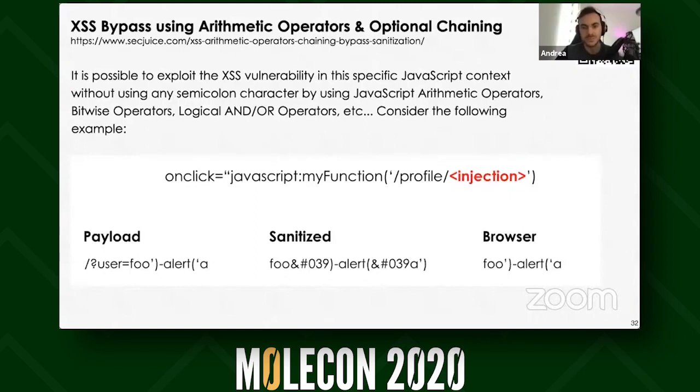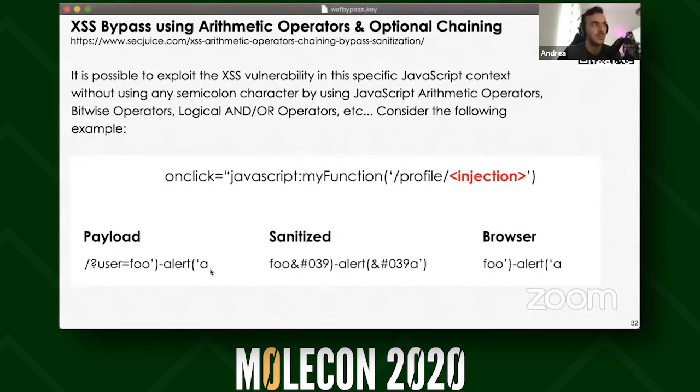Not only JavaScript arithmetic operators, you can use bitwise operators, logical and/or operators, etc. As you can see, I changed the payload that I used before using the subtraction operator instead of a semicolon. And this makes the browser execute first the function and then do the arithmetic operation, as you can see in this screenshot.